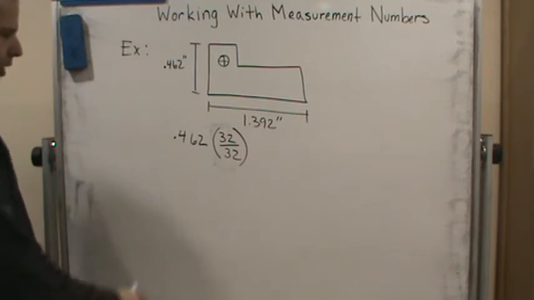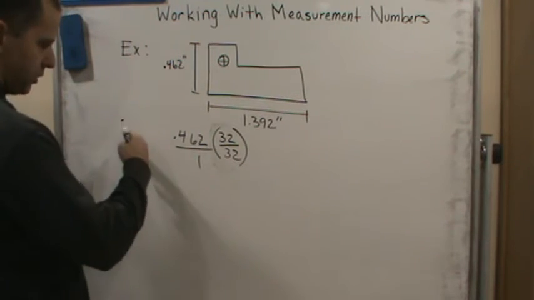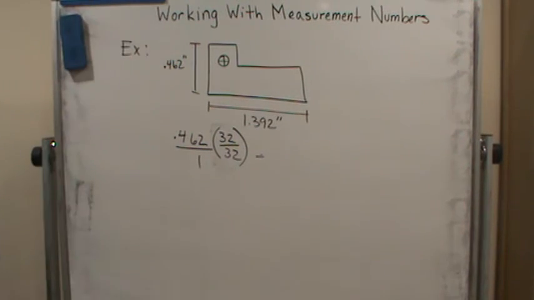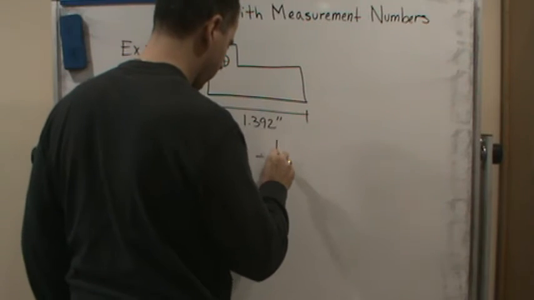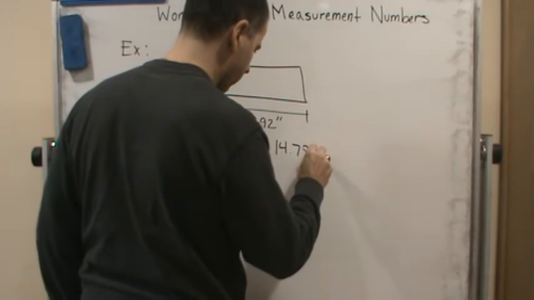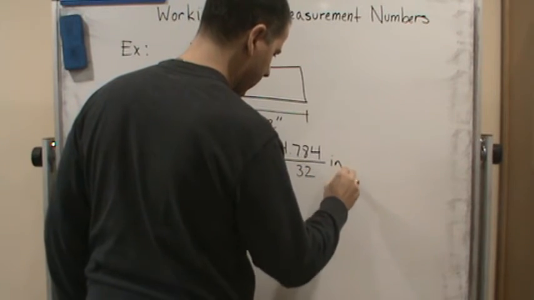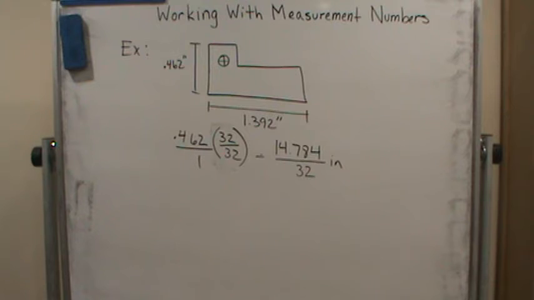That'll do it. So then we just multiply across the top and the bottom, and that's going to give us, well, use your calculator, and you get 14.784 over 32nds of an inch. So that is the equivalent fraction, but we want to round this to the nearest 32nd, right?